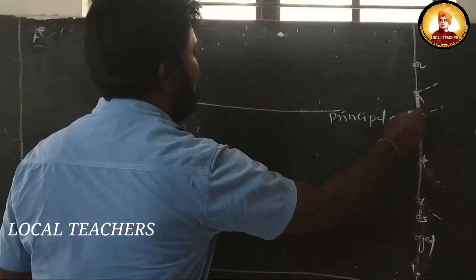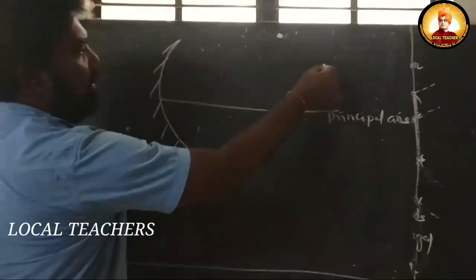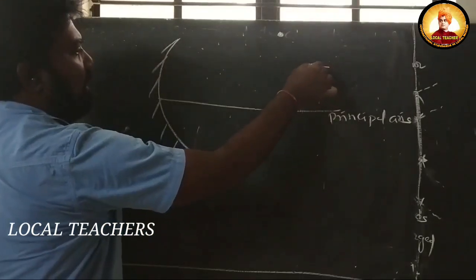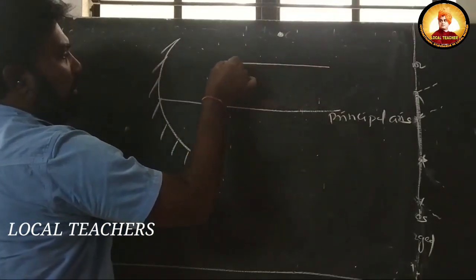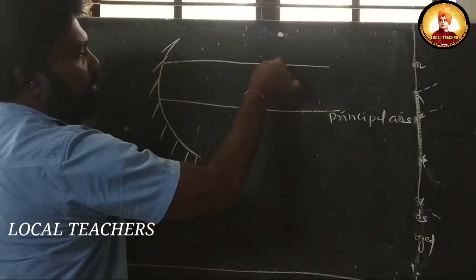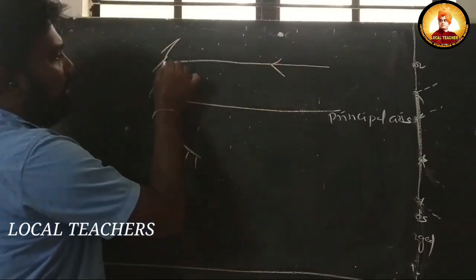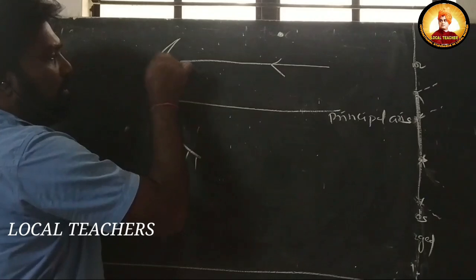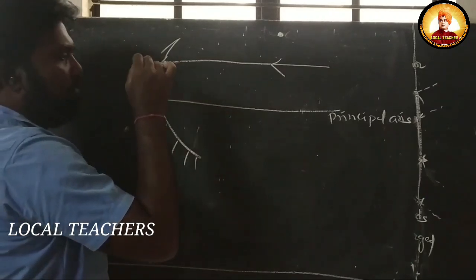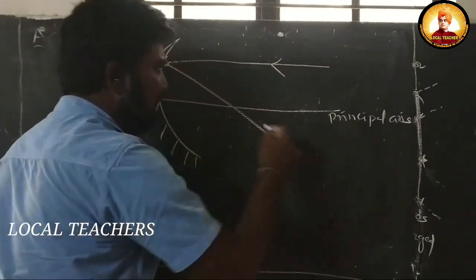Concave is nothing but bent inward, so inside it is smooth. Here is the principal axis. The incident ray is coming like this, parallel to the principal axis. When it is incident on the concave surface, it reflects like this.